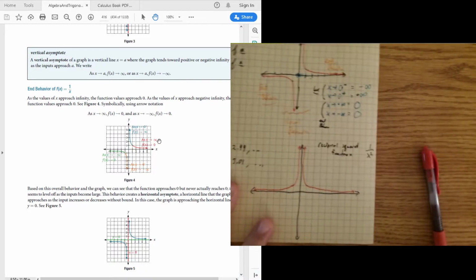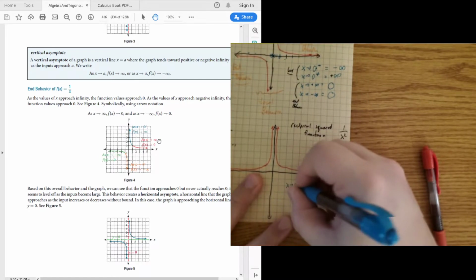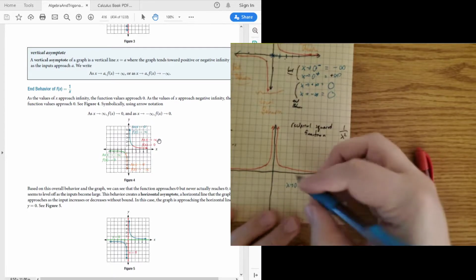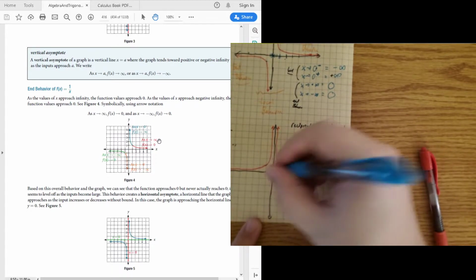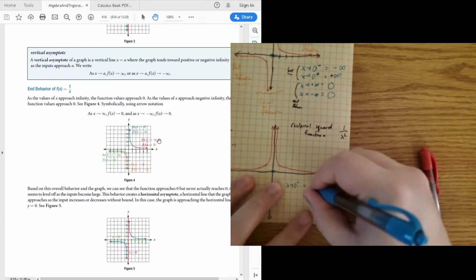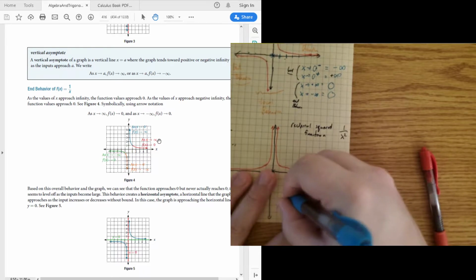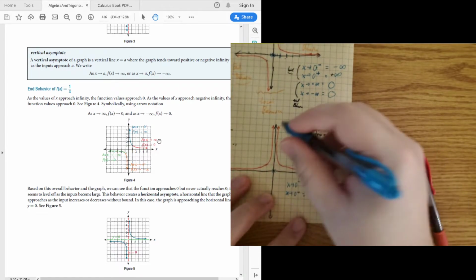Now let's talk about those components again. What's happening as x approaches 0 from the left? Well, as we get closer and closer to the 0 value, our value approaches infinity. What about from the right? Well, as we approach it from the right, it also approaches infinity.